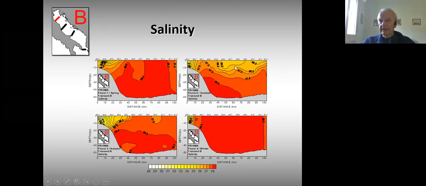So in a certain part we have a strong vertical salinity gradient, and this is what we call the halocline.